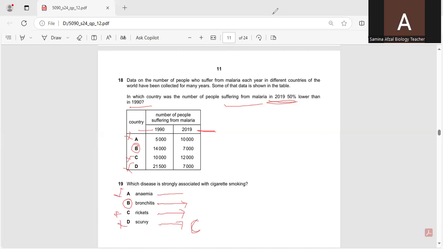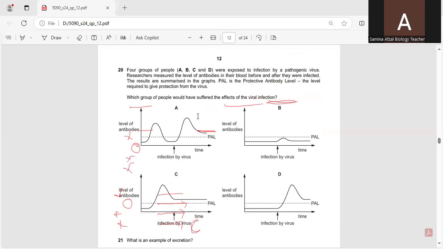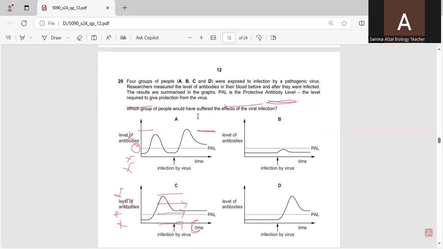Question number 20 is about four groups of people, A, B, C, and D, who were exposed to infection by pathogens, a virus.